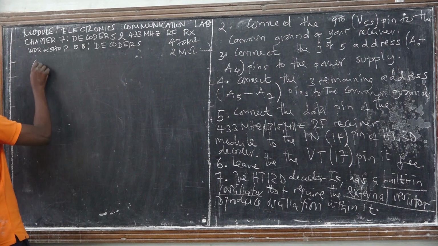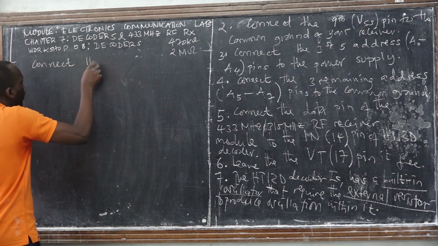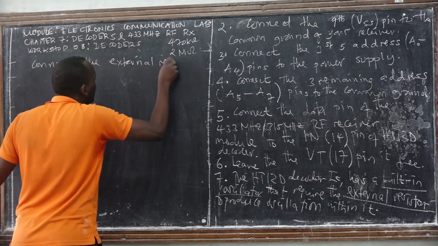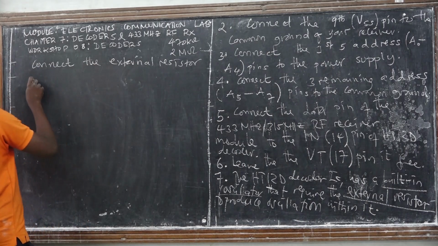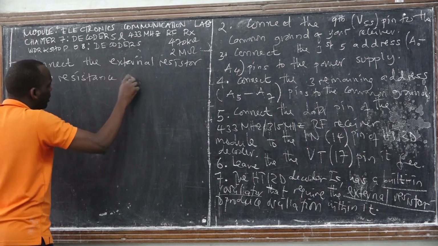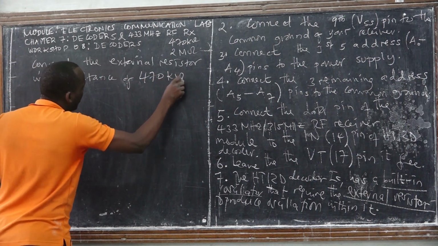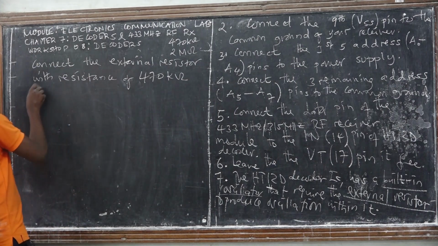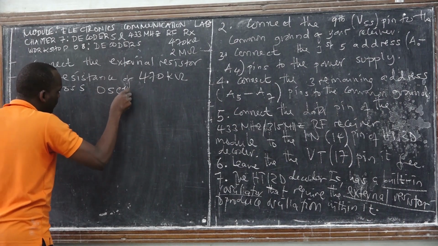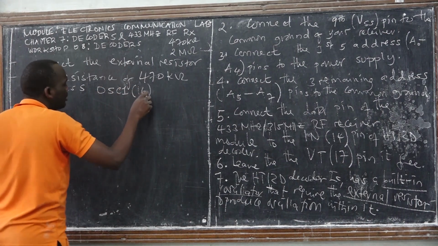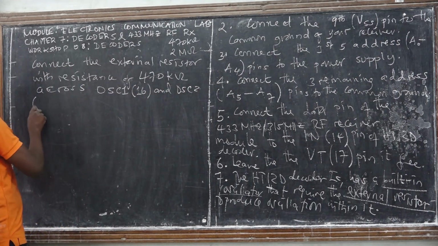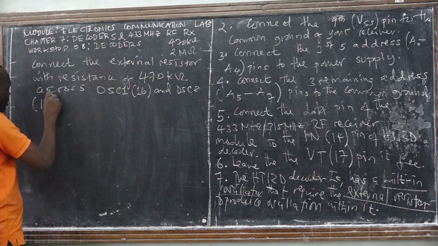So he said that we are still in step number 7, connecting the external resistor with resistance of 470 kilo ohm across oscillator pin number 1, which is pin 16, and the oscillator 2, which is pin number 17.